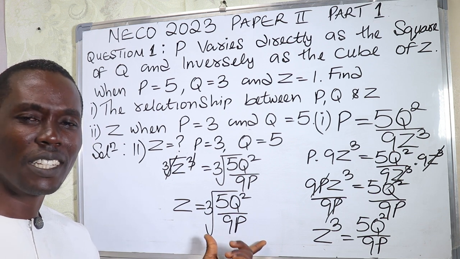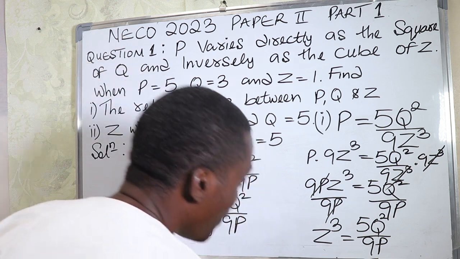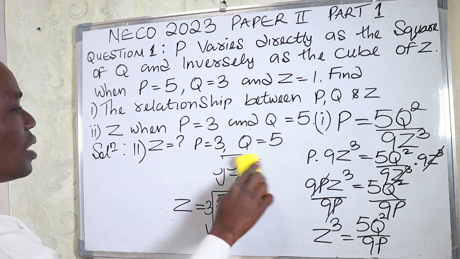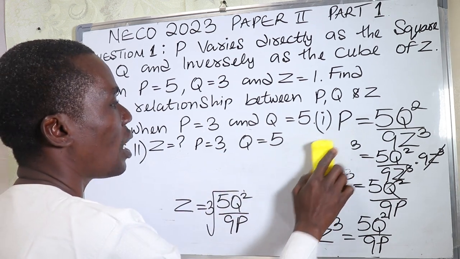Now, do you see that? If you insert your parameters now, you can get your answer very, very fast. Now, let's clear off this. We don't need them. We can clear off all this and then find the solution to our question.